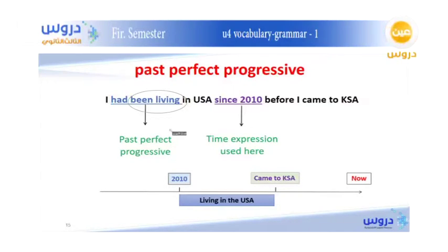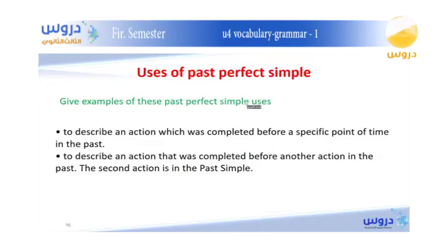The second action is in the past simple. I think you mentioned this, right? So, as I told you, the golden rule: focus on the action in the past perfect simple, while in past perfect progressive, we are focusing on the duration.